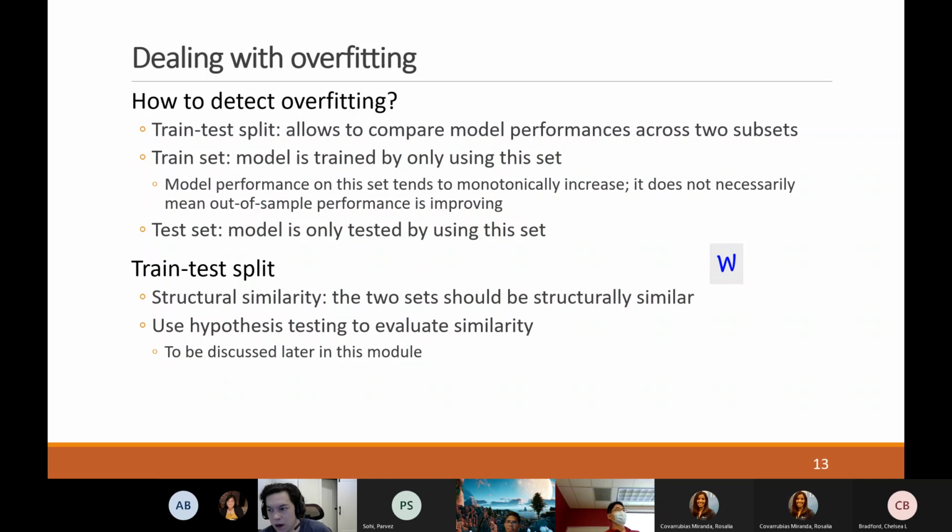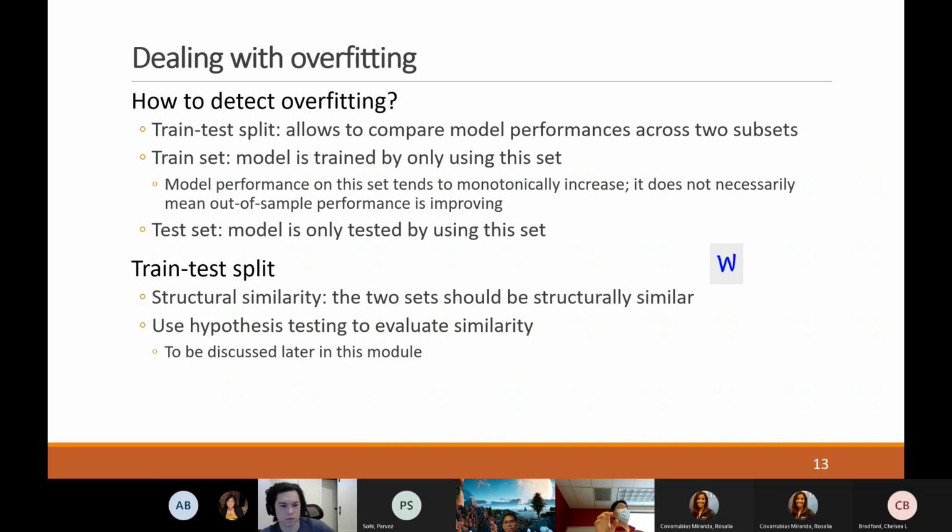That's the idea. So to do that well, you want to make sure the training set and the test set are following the same structure. They are randomly selected, but the random selection process should make sure that the distribution of the data and the variables are almost symmetric to each other, or very similar to each other.